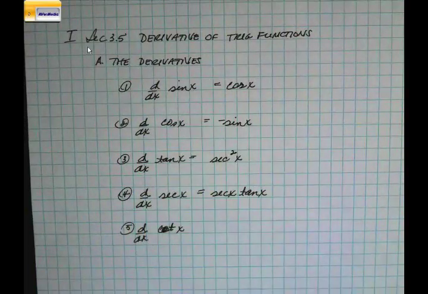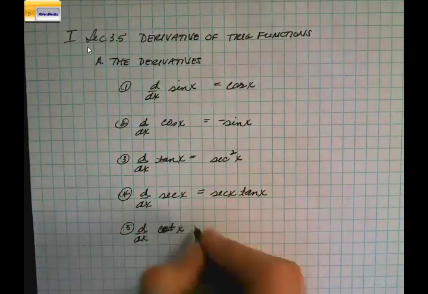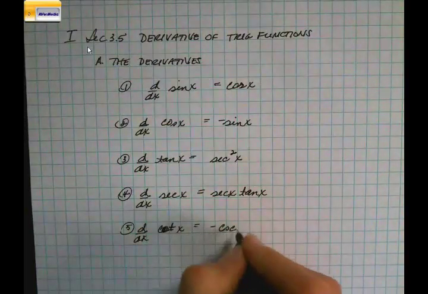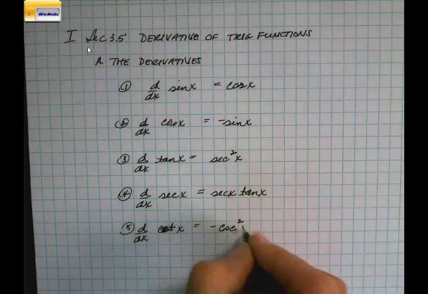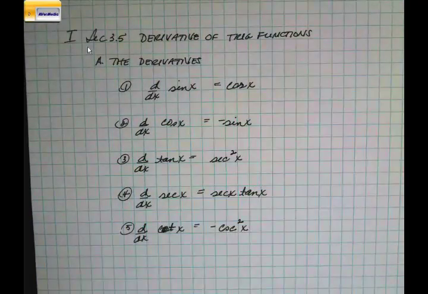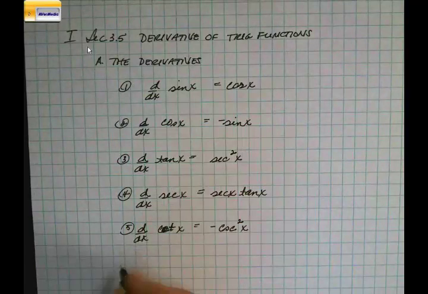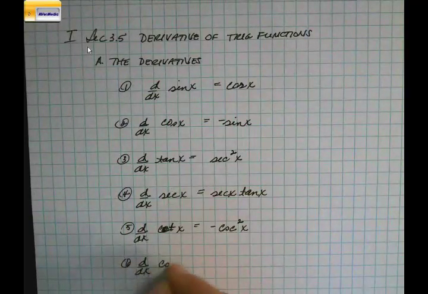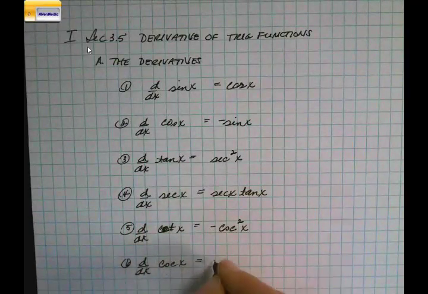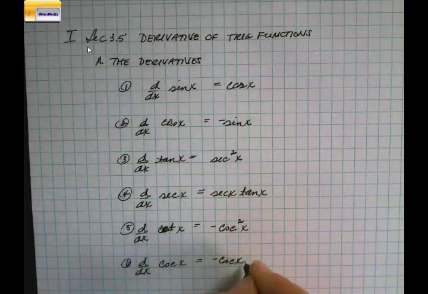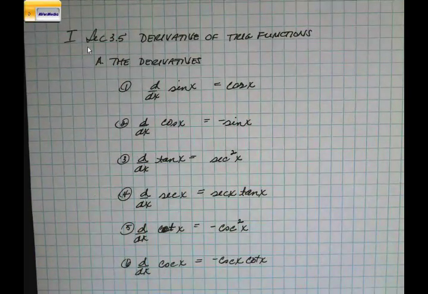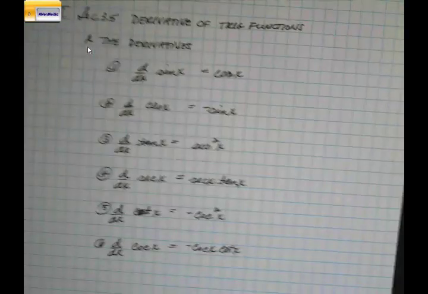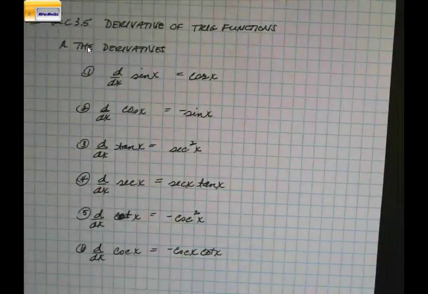The cotangent, C-O-T, is a negative cosecant squared x. And the derivative of the cosecant x function is negative cosecant x cotangent x. And that one, I guarantee you, I don't know that one by heart. Okay, so there are the six.